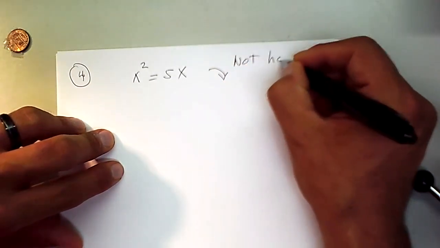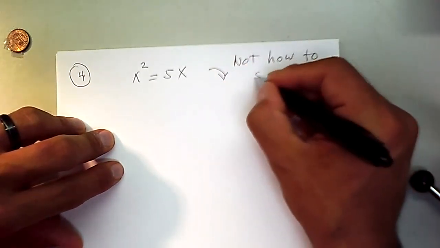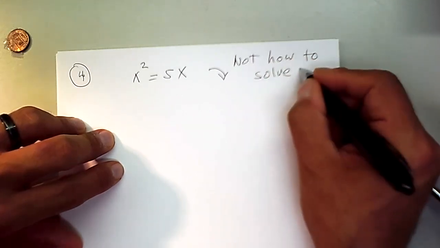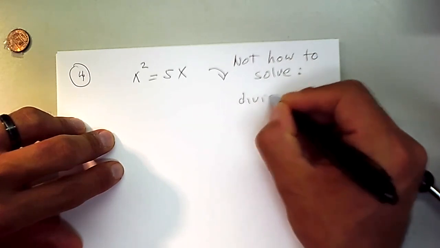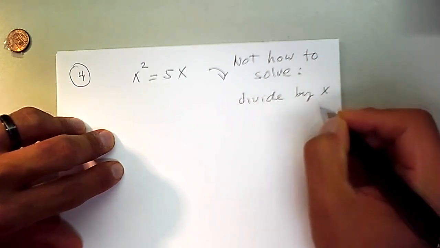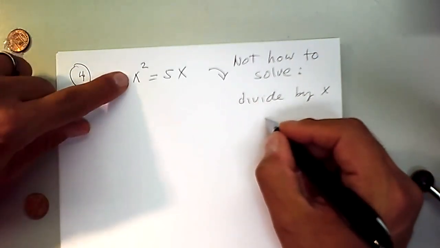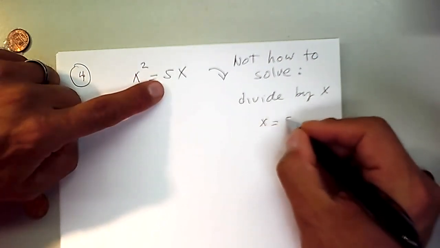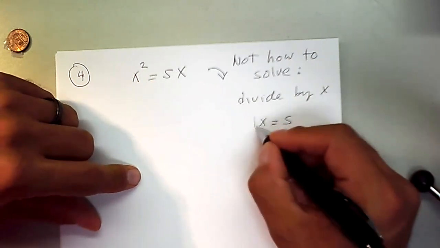Not how to solve. Okay, they say divide by x. So when we divide x squared by x, we end up with x. Divide 5x by x, we end up with 5. And they say, oh, there we go.